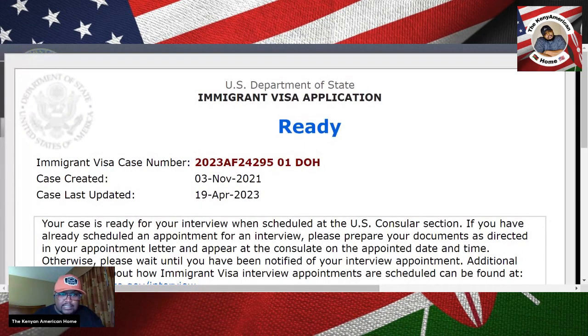Okay, so this case is ready and it's in Doha, Qatar. Interesting why I chose this case: you can see this case is Africa, AF, but it's in Doha. And this is why I've told my people that you do not necessarily have to go back to your home country to do your DV visa interview.